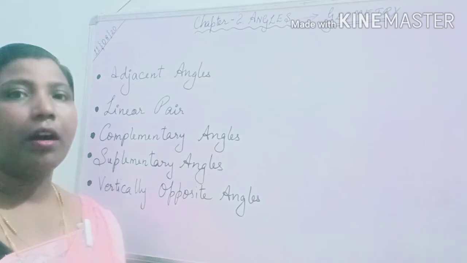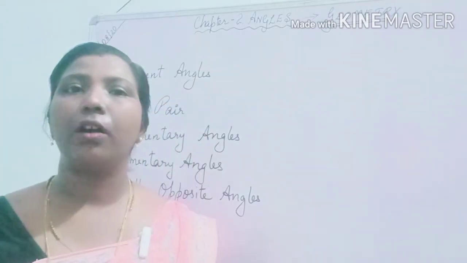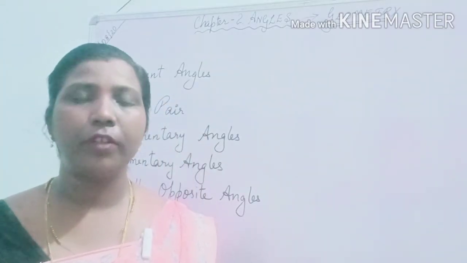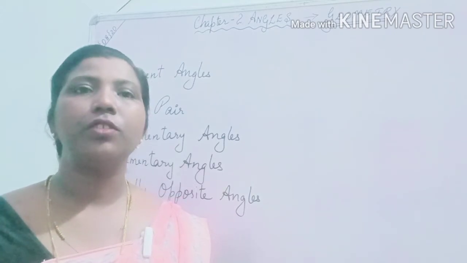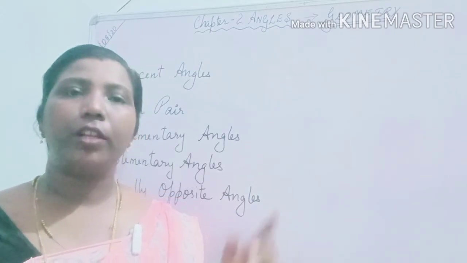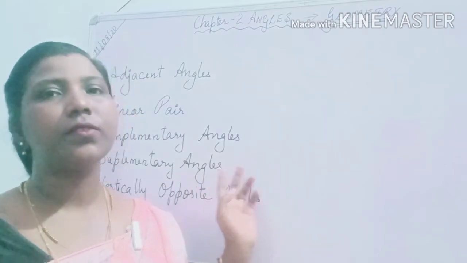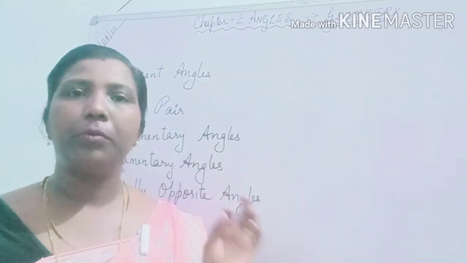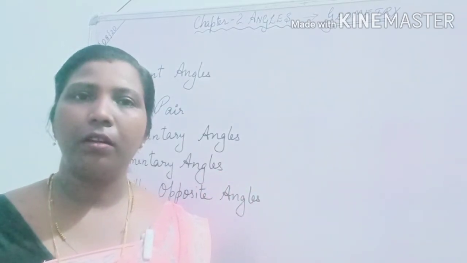Is that clear, students? Under this chapter we are going to cover some topics, and whatever contents we cover in this explanation video, only from those will the questions be asked.